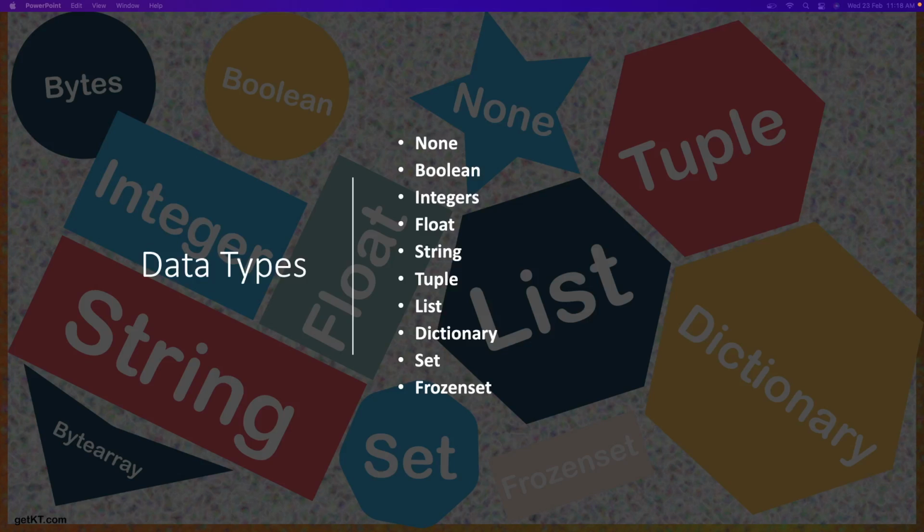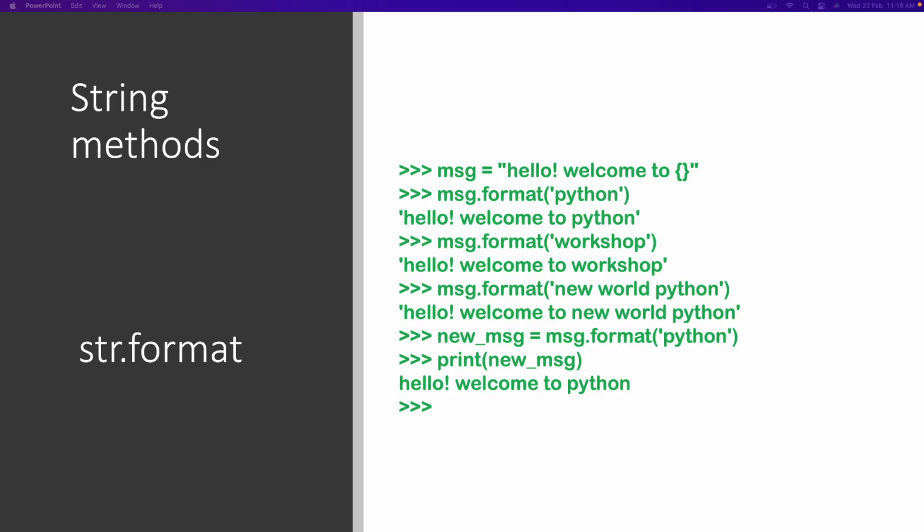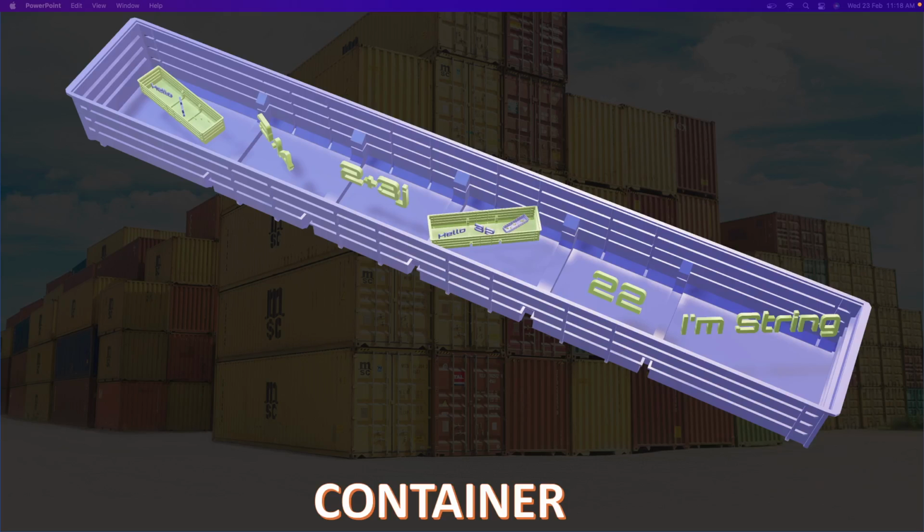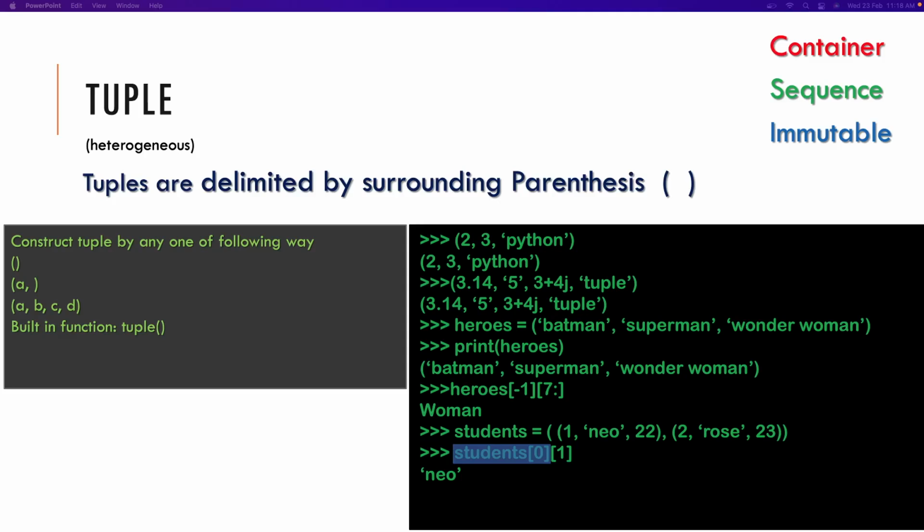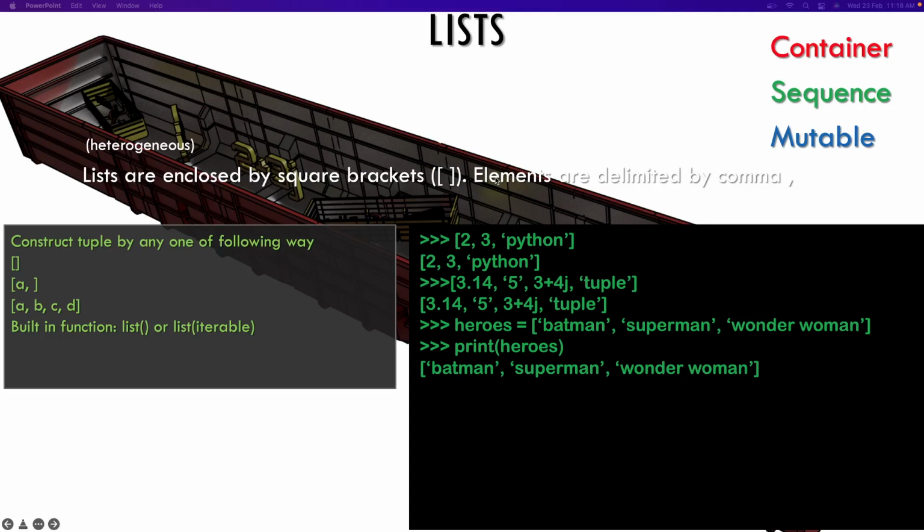As we have seen, container types: tuple, which can be defined using parentheses, is a container sequence and immutable. And we have seen list, which is also a container sequence but mutable.